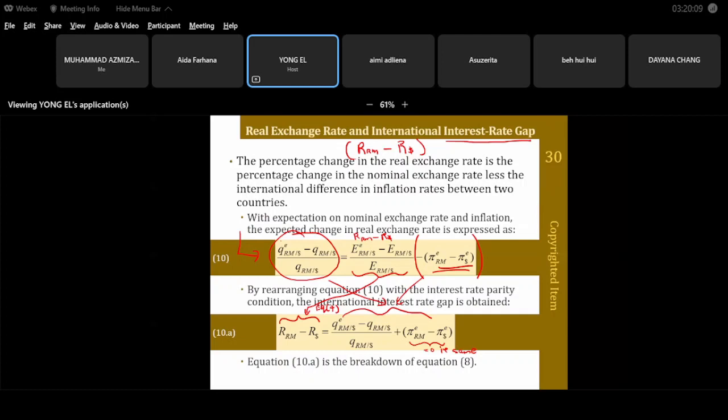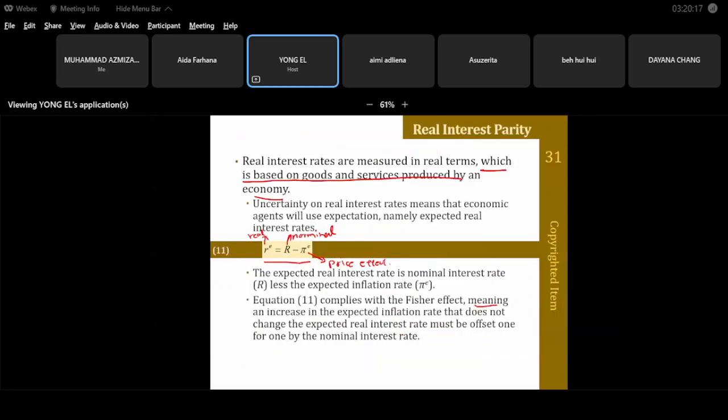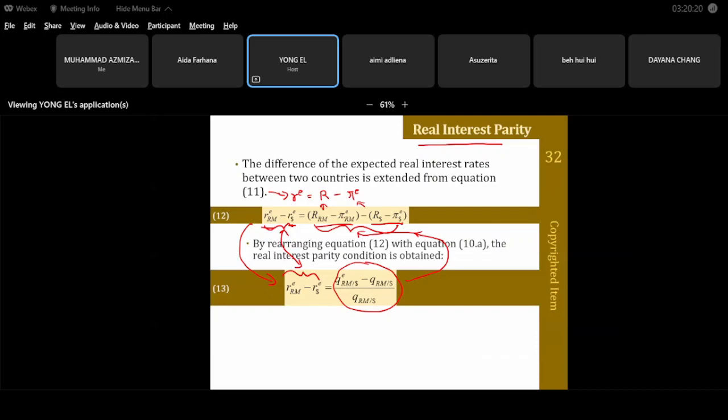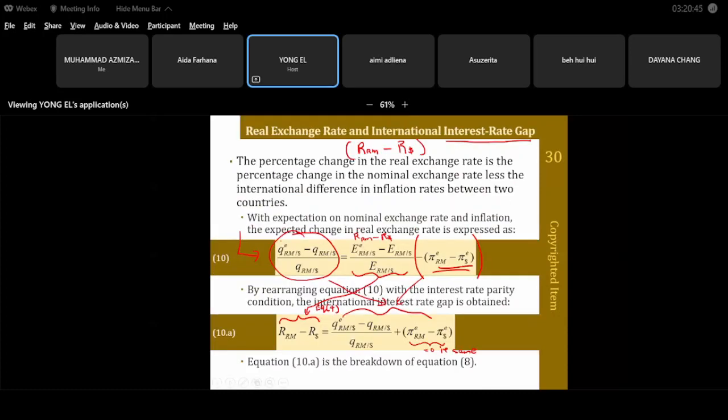Here, we have the big R, and the difference in expected inflation rate. So from here, you should be able to understand this is simply RRM minus the inflation rate here. Like this. It's like what we have here. Similar. Just a rearrangement.